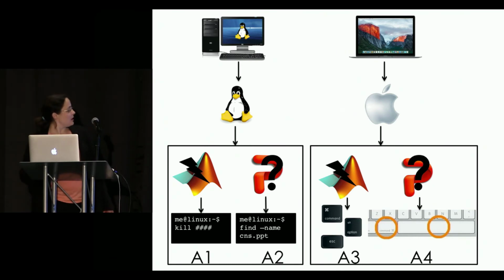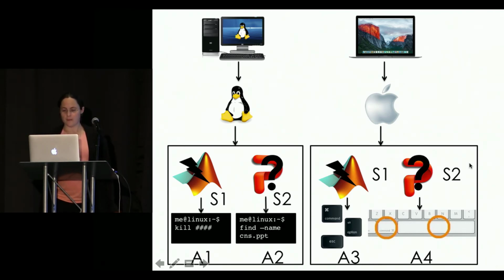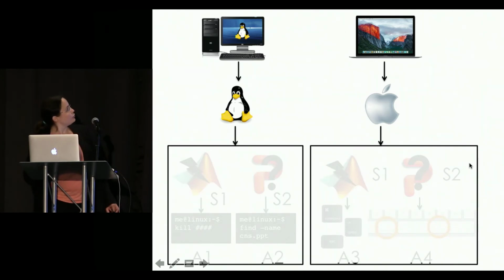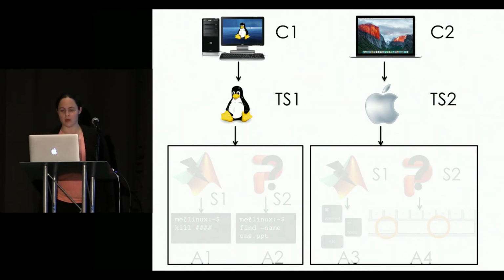Okay, so in this case, you would have still those same four actions at the bottom, but this time you can represent those stimuli as two different stimuli, and you can call those two computers the two contexts, so that's a more abstract state space. And we call this kind of rules task sets, sets of stimulus action associations that you select in response to the context. Okay, so the hierarchy here is that you use abstract state space of context to select an abstract set of rules, task sets, that then constrain the selection of lower level stimulus action associations.